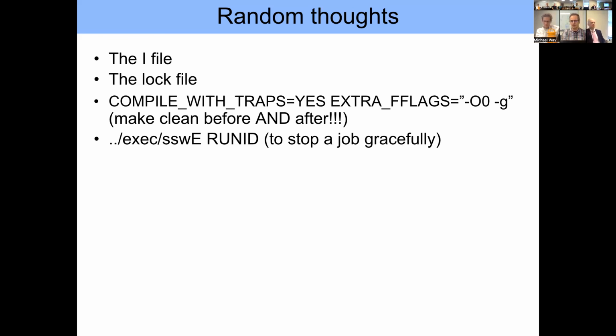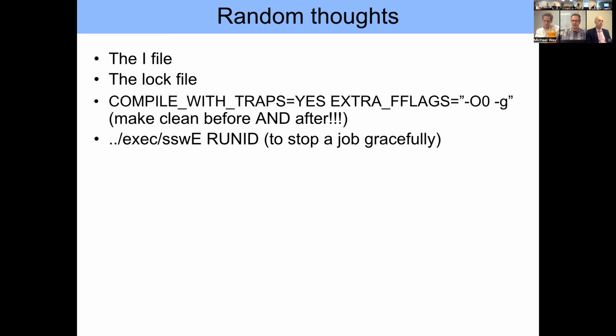So if for whatever reason you want to modify something as the model is running, so you stop the model, you should not modify the run deck. You should modify the I file. And also the I file contains some unexpected information. The date of this file, the actual timestamp on the file system, matters.